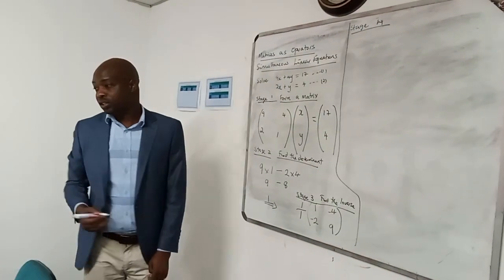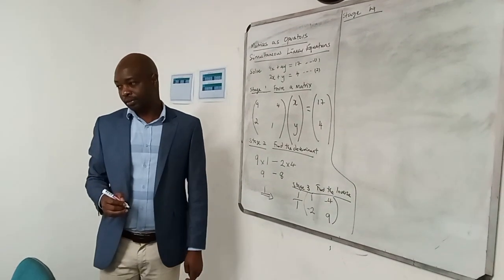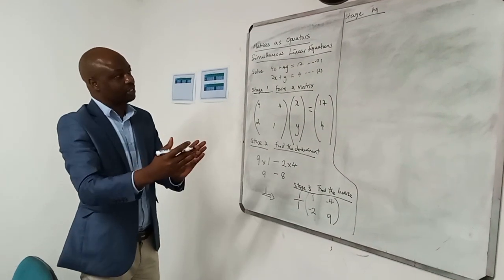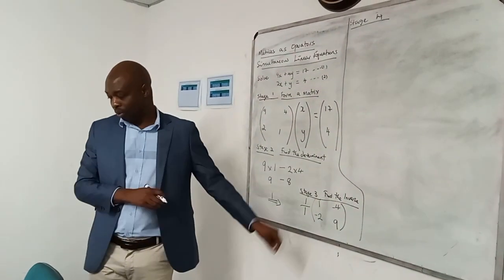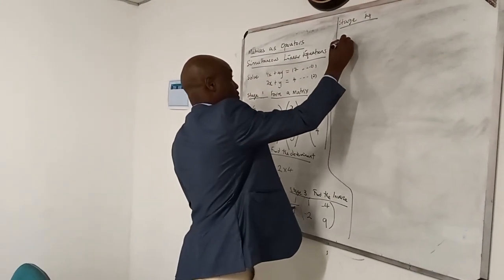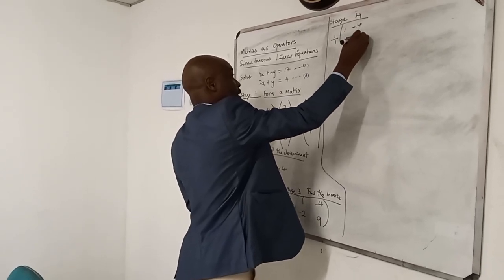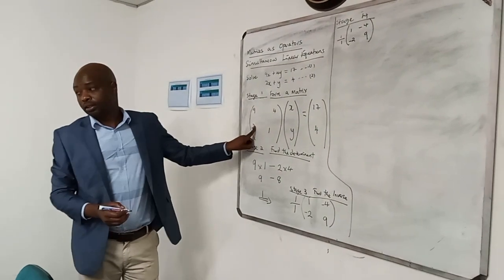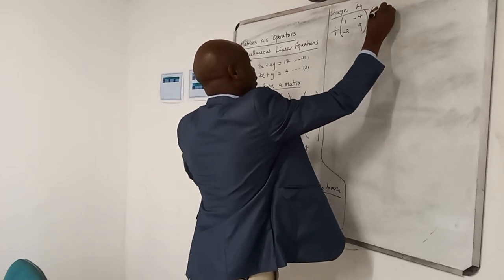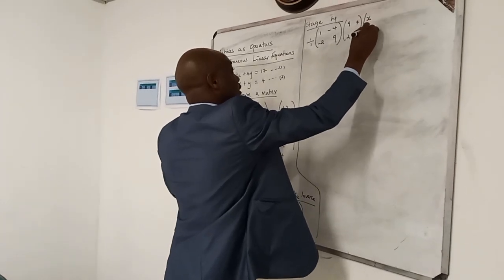On stage 4, you have to pre-multiply the left-hand side and the right-hand side by the inverse that you got. So you take this inverse, which is 1 over 1 times the matrix 1, minus 4, minus 2, 9, and multiply it by the original matrix, which is 9, 4, 2, 1, times x, y.